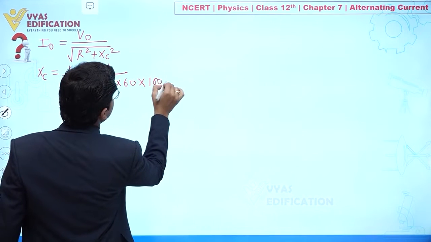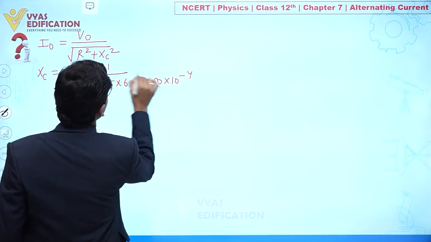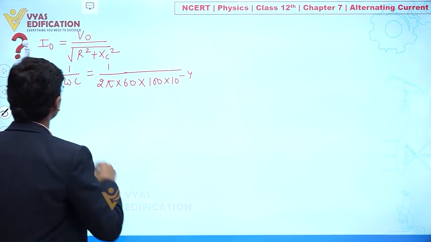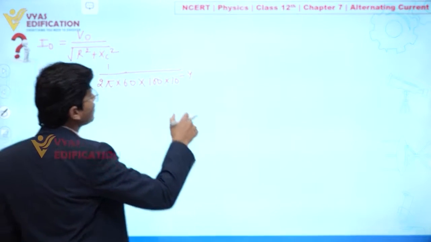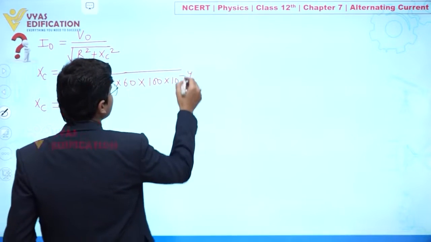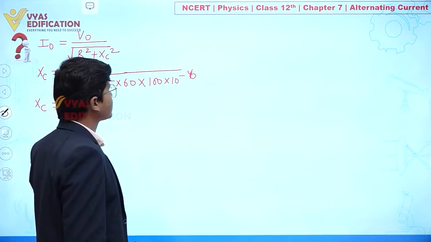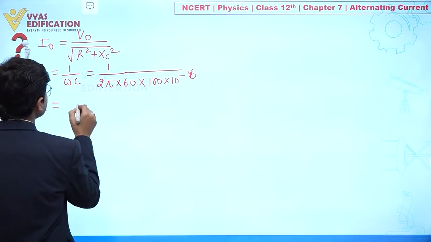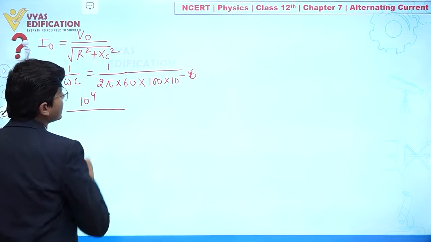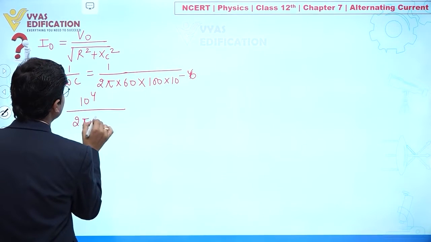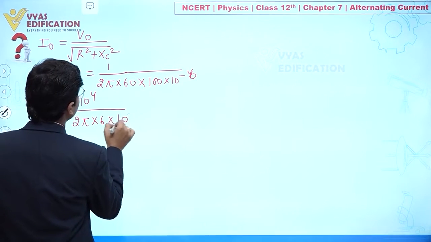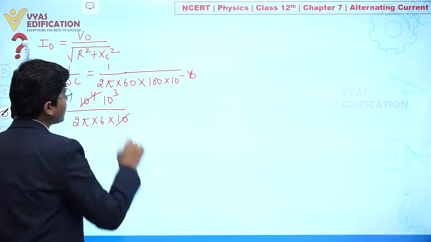So 100 into 10 to the power minus 6, since 100 microfarad is 10 to the power minus 6 times 100. Directly we get in the numerator 10 to the power 4, divided by 2 pi multiplied by 6 divided by 10. So this is equal to 10 to the power 3.